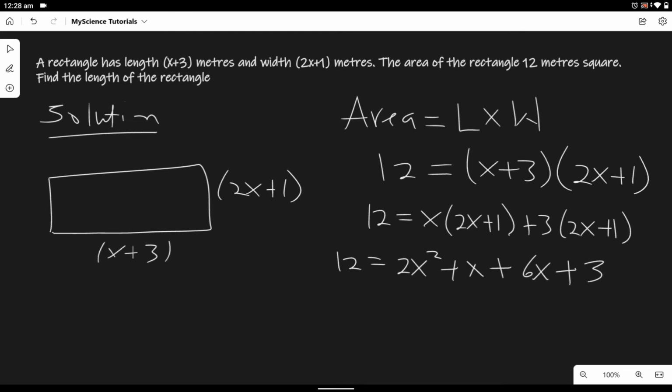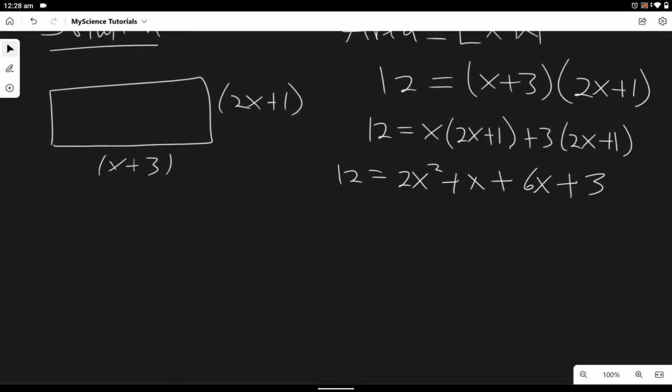So from here we can go ahead and finish solving our equation. We are going to have 12 is equal to, we still have our 2x squared over here, plus x and 6x, so we can say this is equal to 7x plus 3 over here.